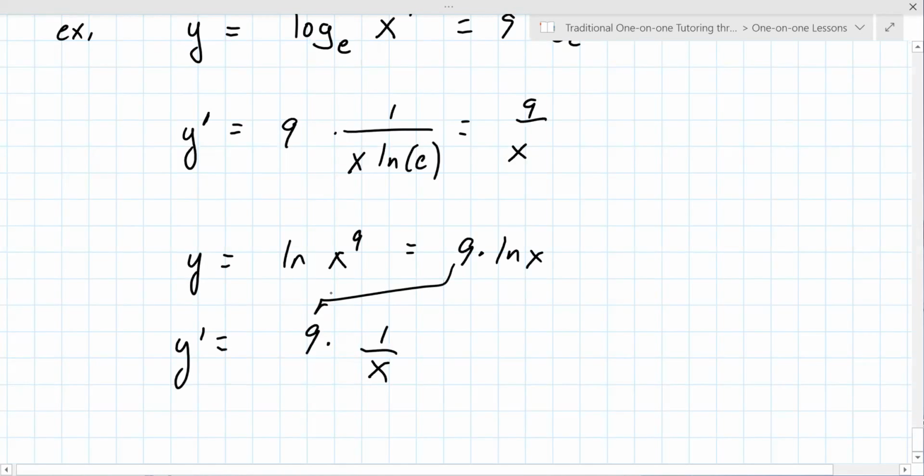It just becomes 9 over x. So the answer is 9 over x? Yes. Then why did you continue after we got the answer? Well, no, that's it. It's the same as the previous one.